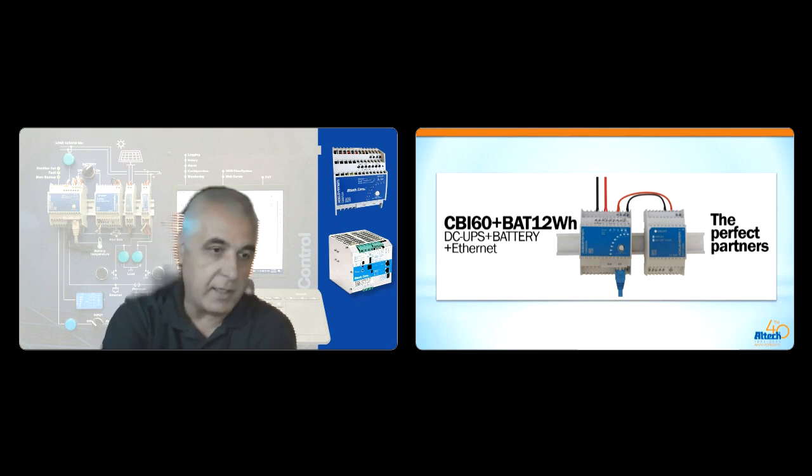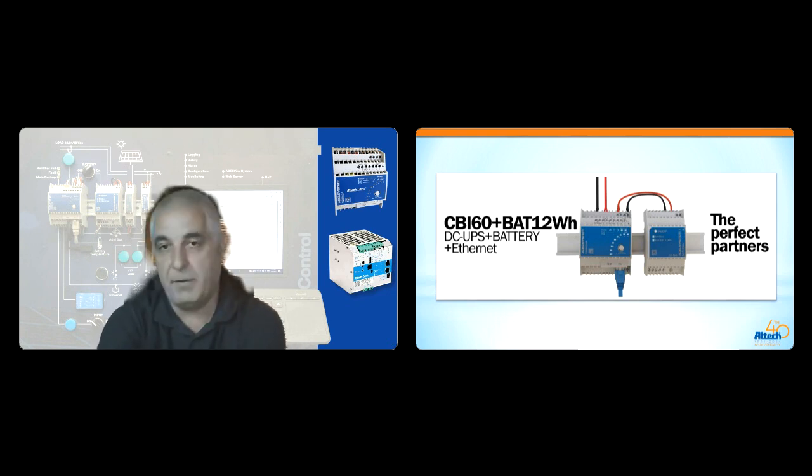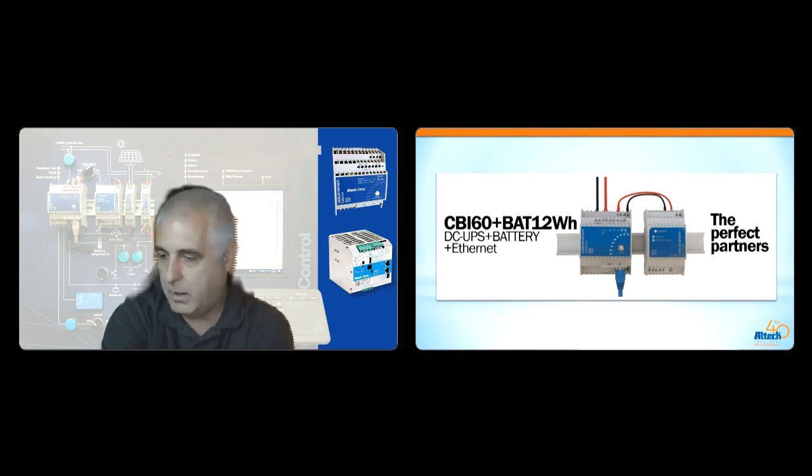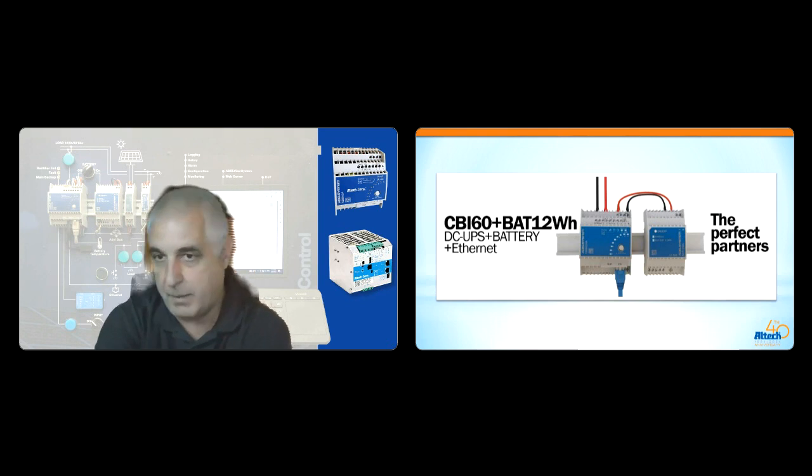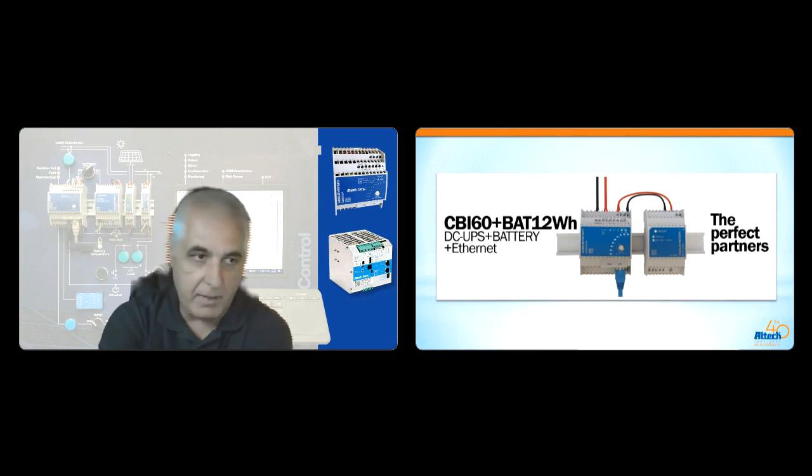Luckily nothing happened, but they realized that they had to update their backup system for those systems. So we basically provided our large UPS system, and they were able to put in a backup system that lasts for many days.